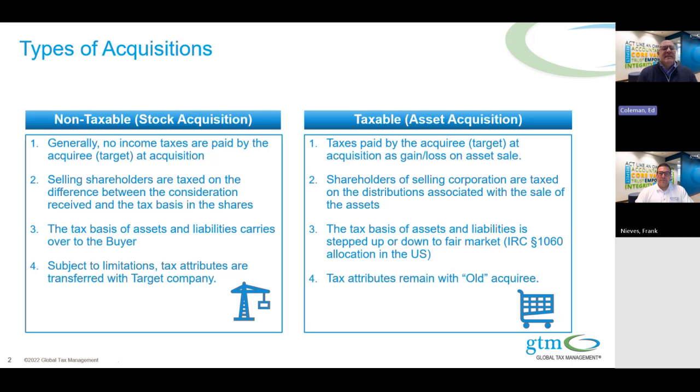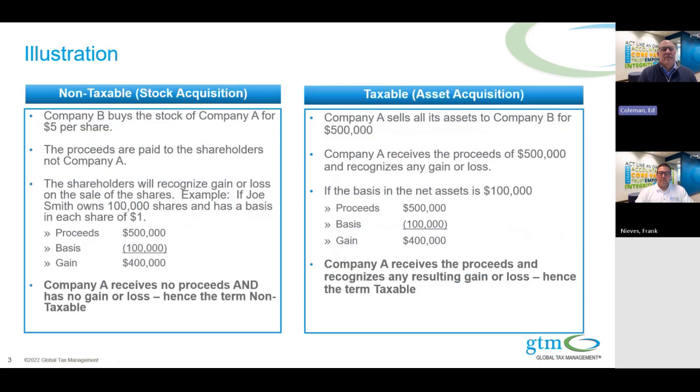So this is an example of using the same proceeds of $500,000. In a non-taxable stock acquisition where the shareholder's going to be taxed, the proceeds are paid to the shareholders, not the company, because they're the seller. And you look at the basis compared to the proceeds.